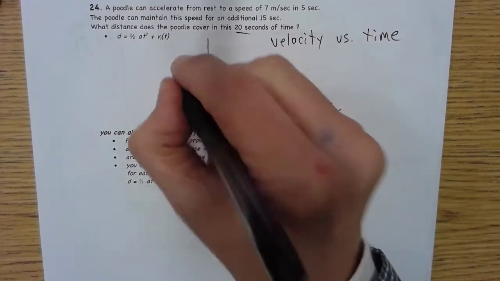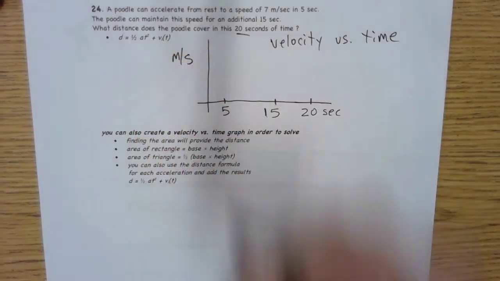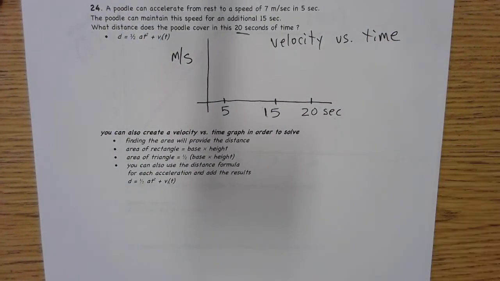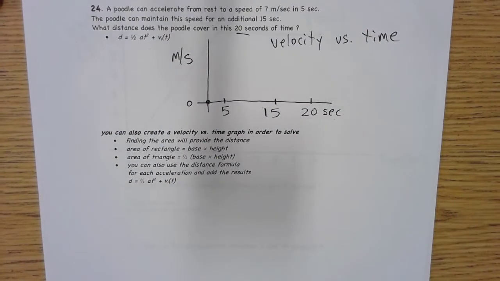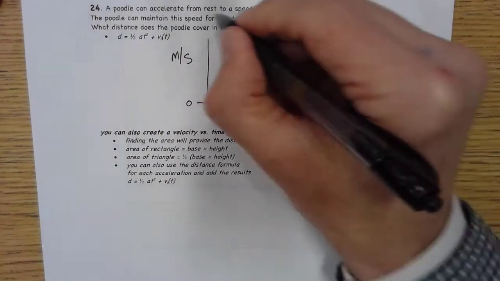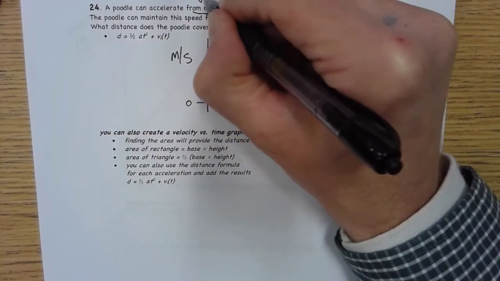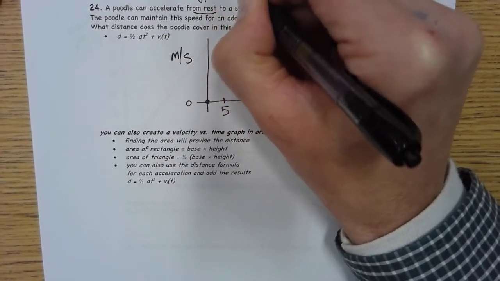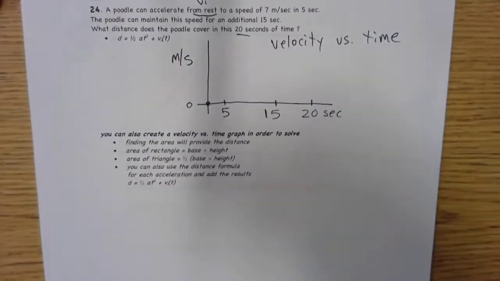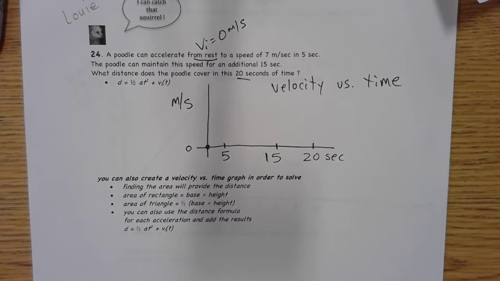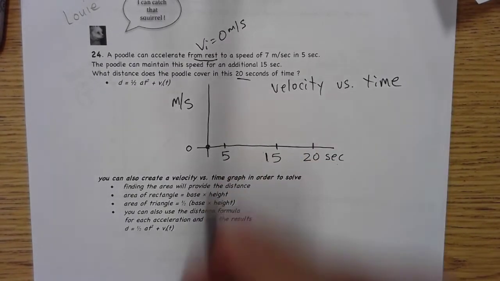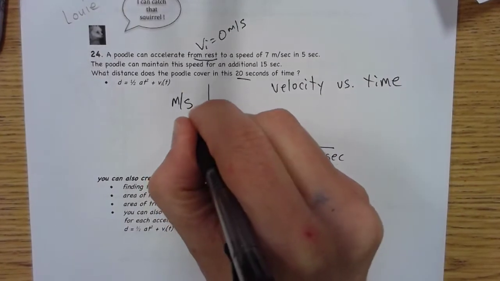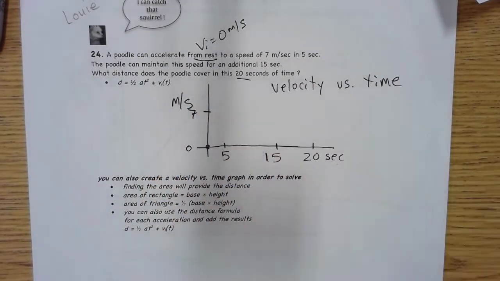He's going to start, so we want to keep track of his speed, his velocity, over time. He starts from rest, so I can start him at a 0 velocity. Initial velocity, 0. He gets up to a speed of 7. His maximum speed here is about 15 miles an hour, so that's pretty good for the little guy.